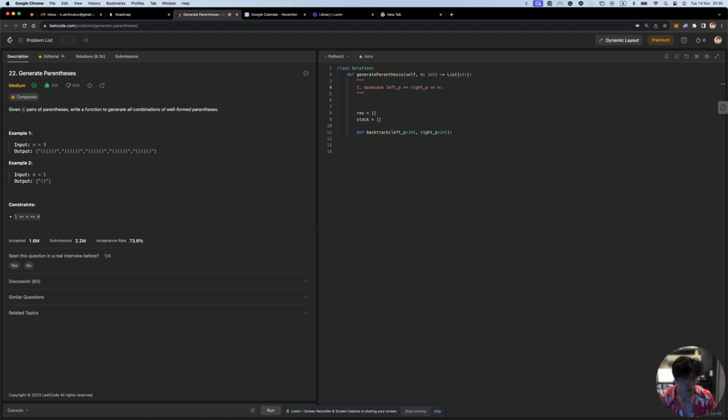In this case, it's going to be the base case, and this is where the recursion meets the dead end.